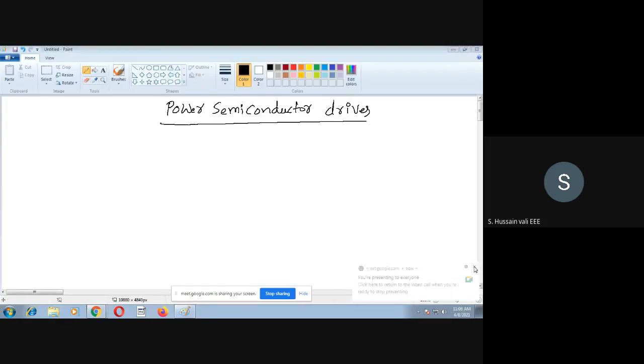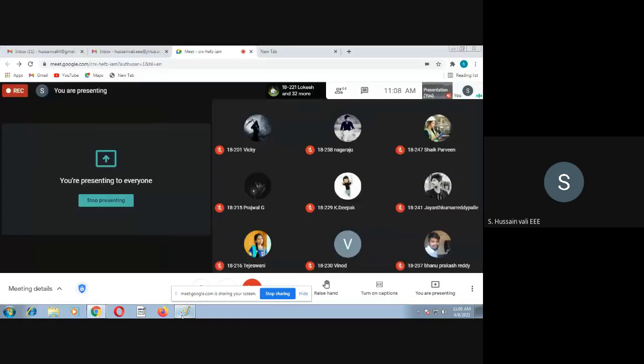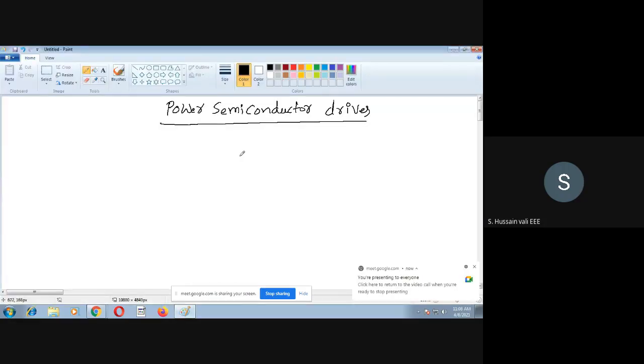Before we go further into the drives, it's better we recall some of the basics of the DC motors. One by one we will go through them, and whichever motors are required for us, those we will discuss.